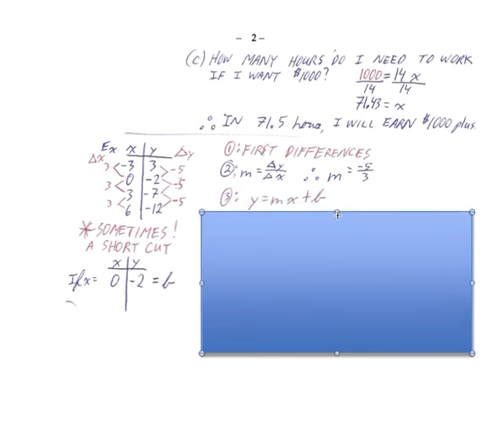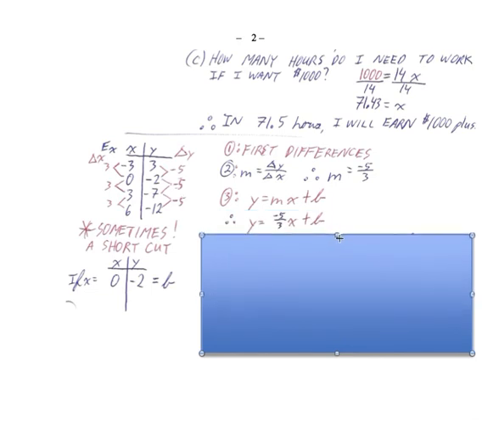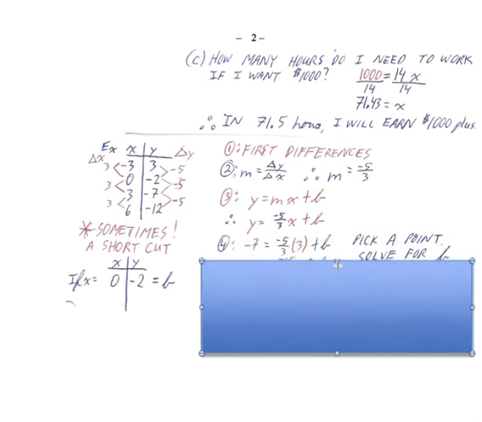Once I know that my slope is negative 5 over 3, I put the m into the equation. Now I need to figure out the b part. If you remember from above, I could pick any of these points, sub in my x and my y, and solve for b. Well, I did that.